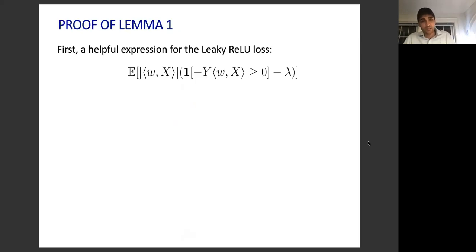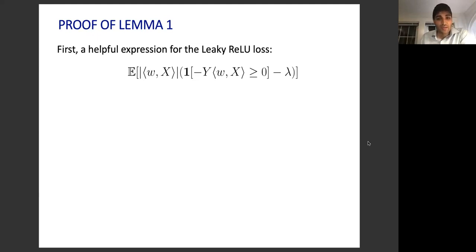This is a very simple lemma to prove. I'll prove it in just one slide. Actually, the first thing I should do is make good on defining precisely what the Leaky ReLU loss is. If you think about the 0-1 loss, it really corresponds to the case where lambda is equal to 0.